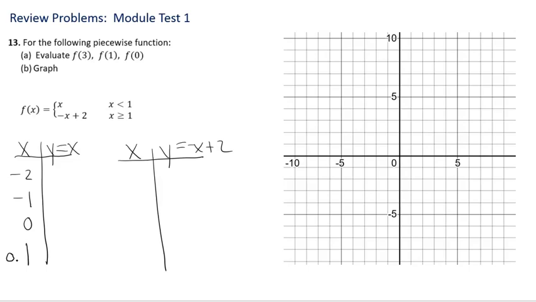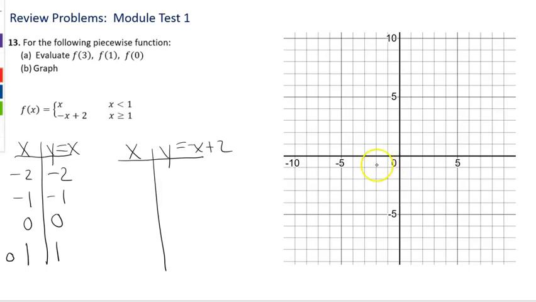Let's go ahead and get that over with before we move on to the second part. So if I plug negative 2 into x right here, that's just going to give me negative 2. Negative 1 plugged into x is negative 1, 0 plugged into x is 0, and 1 plugged into x is 1. So when I plot these points, and I'm going to do this in a different color, let's graph this part in red, okay?